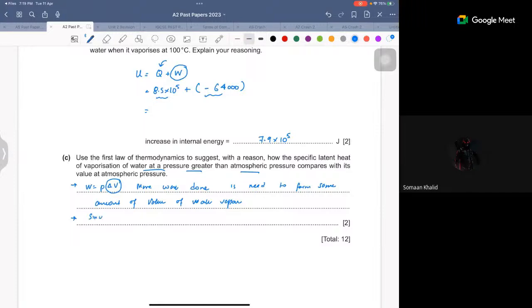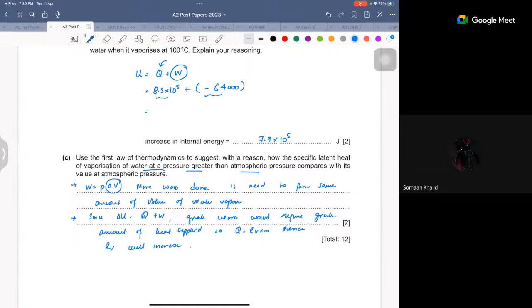Since the change in internal energy is Q plus W, greater work would require a greater amount of heat supplied. Because Q is equal to Lv times m, hence the latent heat of vaporization will increase.